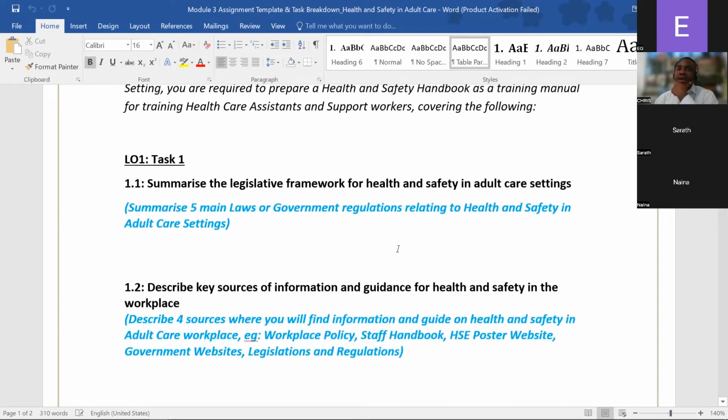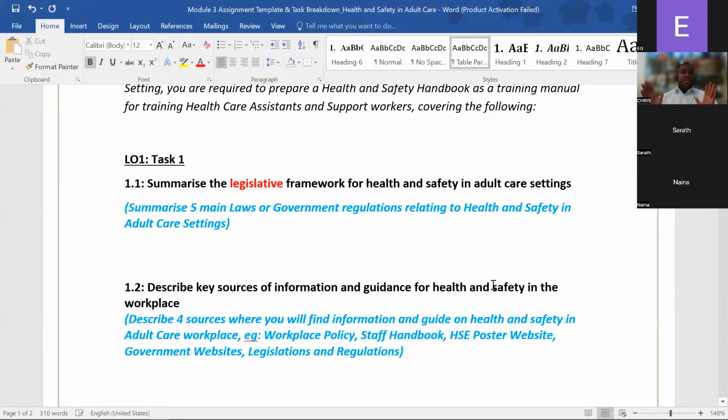And so the following are the assignments that we consider. Task one, summarize the legislative framework. The keyword is legislative framework for health and safety in adult care setting. It simply says, what are the laws that govern working in an adult health setting? Maybe care home, residential home, nursing home, very sheltered residential home.